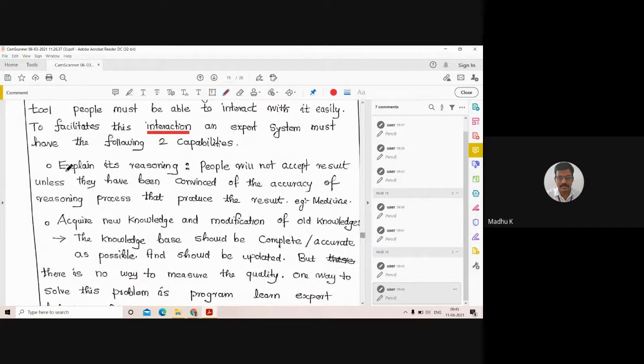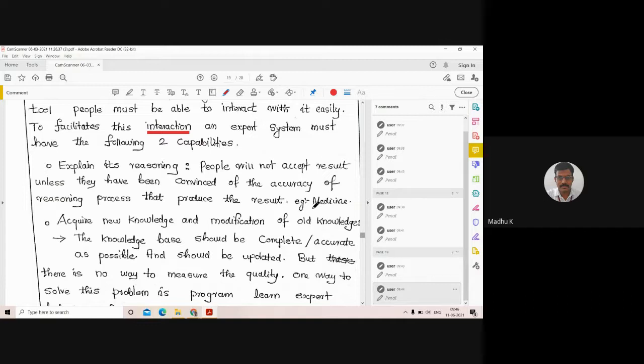One is to explain its reasoning. As I told earlier, suppose I have given an answer, then I am responsible for explaining that answer. Why is this necessary? Because people will not accept a result unless they have been convinced of the accuracy of the reasoning process that produced the result.